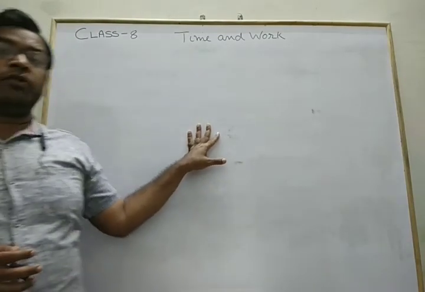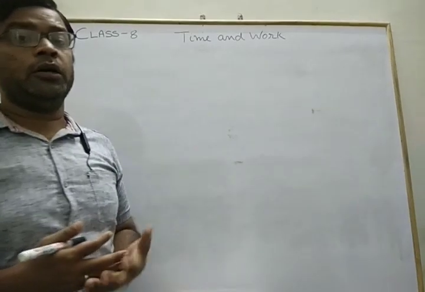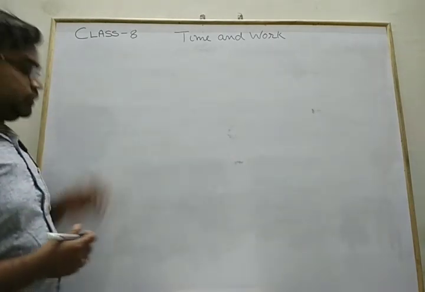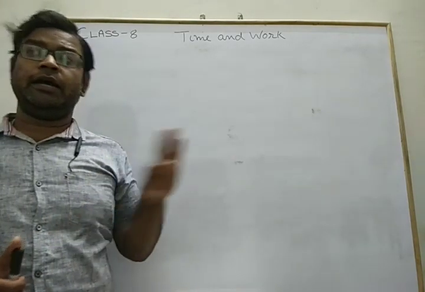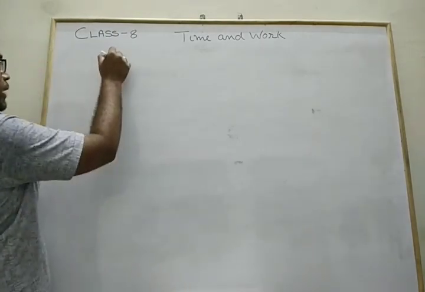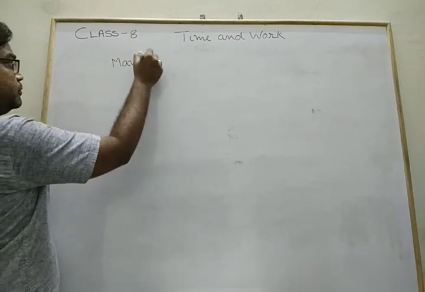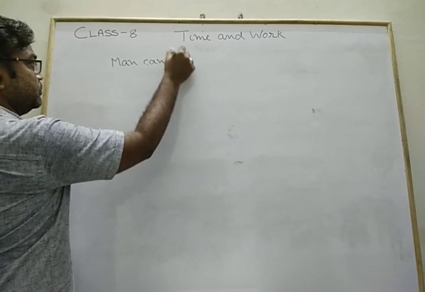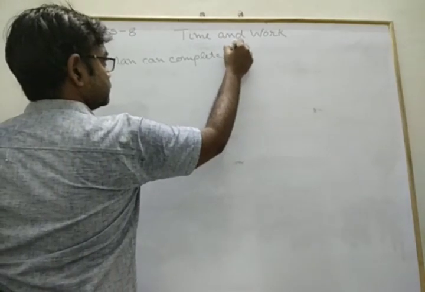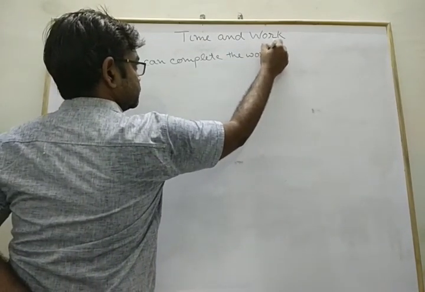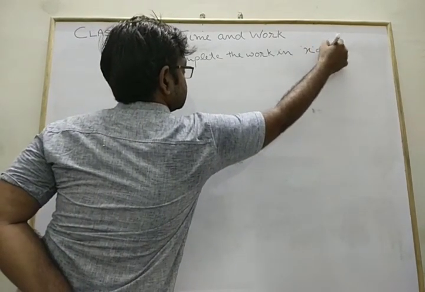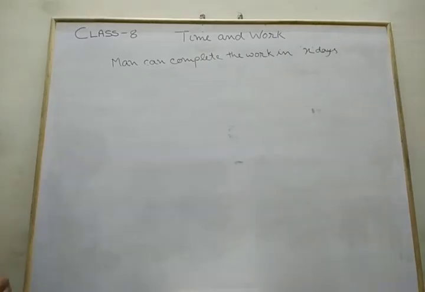In this chapter, we are not going to discuss any formula, but we clarify the concept of arithmetic. First, always remember that if we know a man can complete the work in certain days, I am using a variable quantity x days.